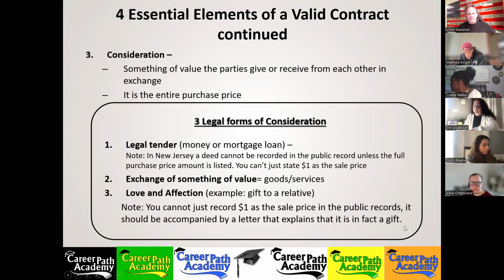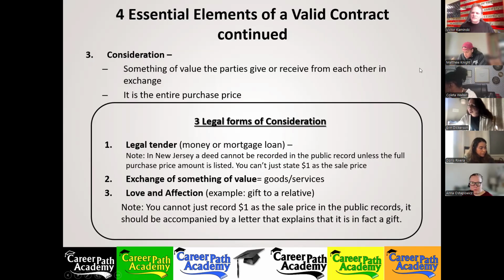We call that an affidavit. It's a sworn statement. An affidavit is a sworn statement. So you're making a sworn statement that this is, in fact, a gift. All right, so the three legal forms of consideration: legal tender, exchange of something of value, and love and affection.